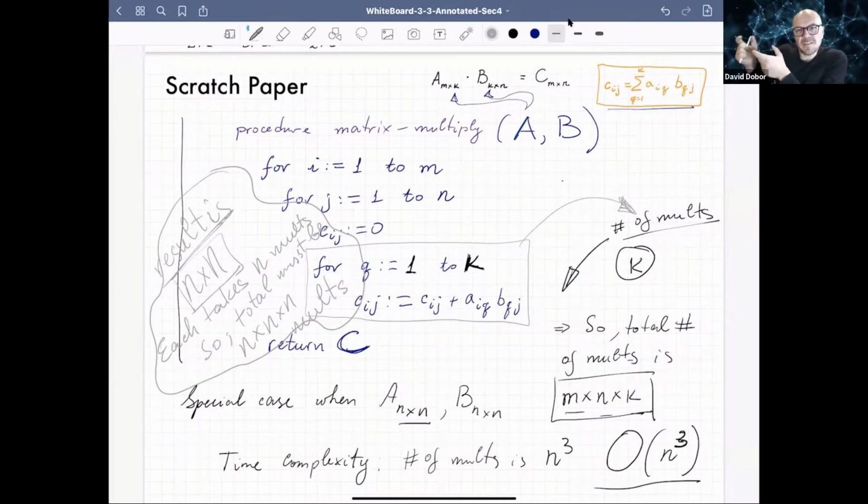So that result has n squared entries. Each of those n squared entries took me n multiplications to compute, for a total of n squared times n multiplications. N squared times n is otherwise known as n cubed. End of argument. Does that make sense?